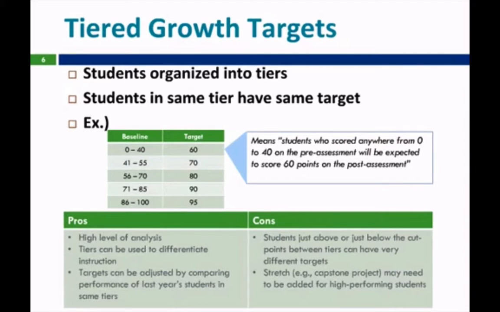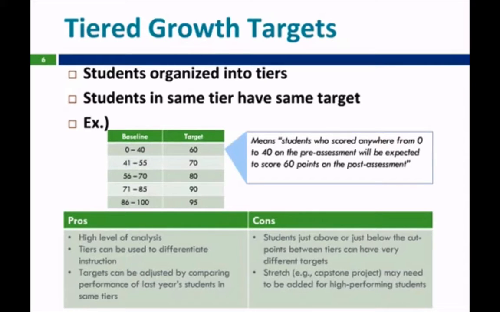You could look at the questions and decide what those questions reflect in terms of what students know and can do. And you could say, okay, based on these questions and based on how my students are scoring, it looks like those who scored a 0 through a 40 just really didn't grasp the content.